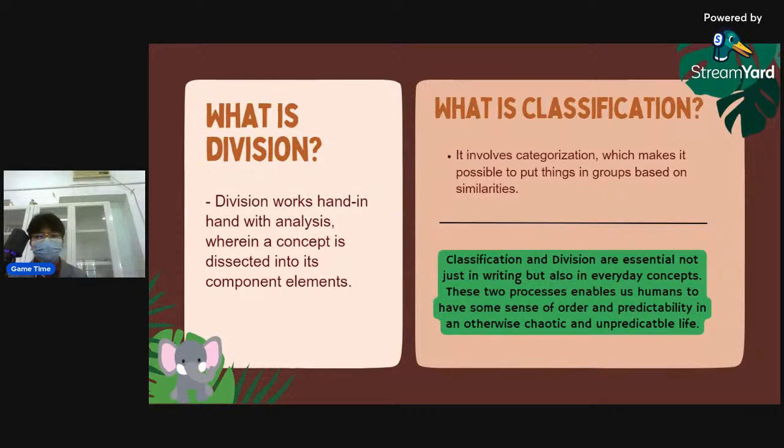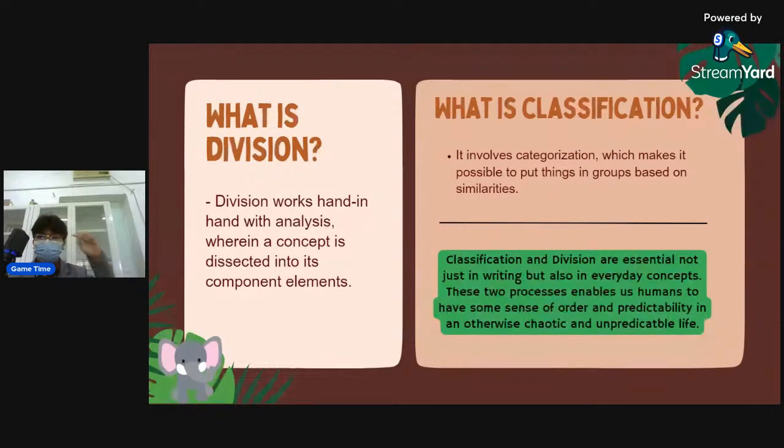Next is classification. It involves categorization, which makes it possible to put things in groups based on similarities. Like I said, another example from yesterday is the news. We have different categories, like the lifestyle of actors, the lifestyle of other people in a country. Then we have sports, like football, basketball, any of those.